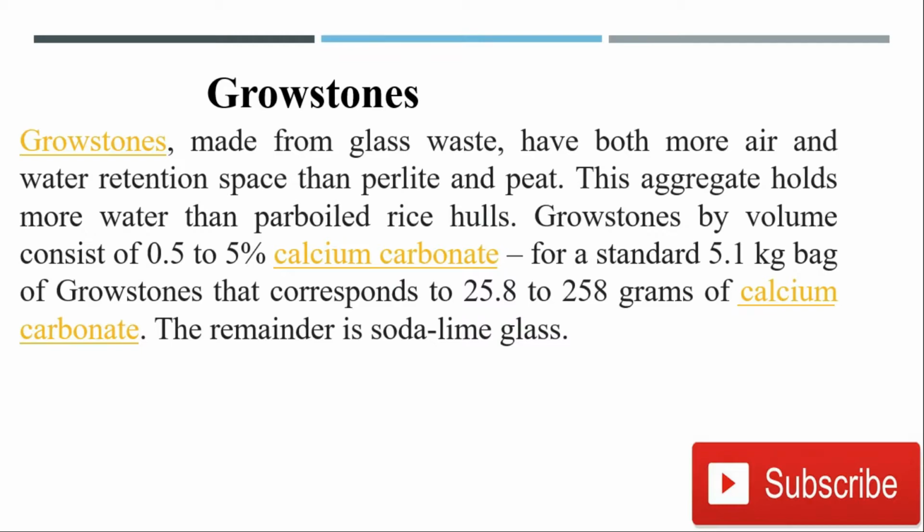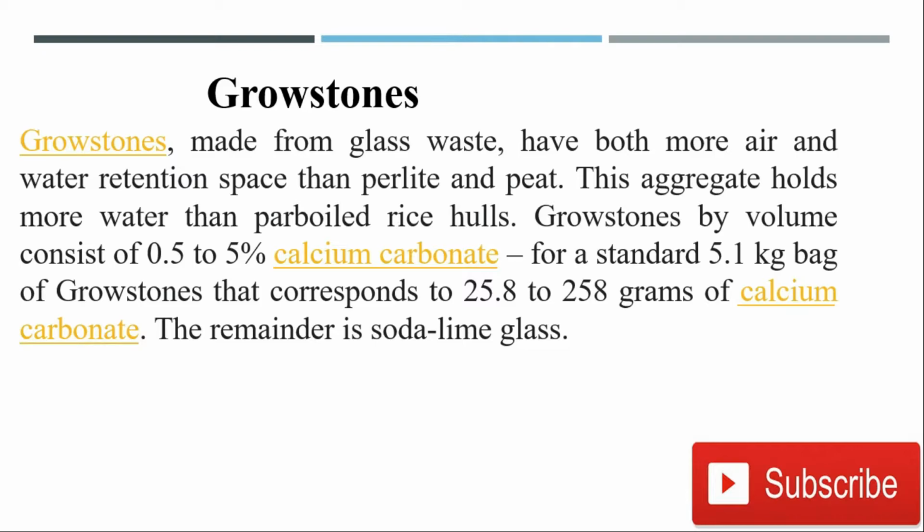Grow stones are also used in hydroponic systems. They are made of glass waste and have more air and water retention space than perlite and peat. This aggregate holds more water than parboiled rice hulls. Grow stones by volume consist of 0.5 to 5% calcium carbonate; for a standard 5.1 kg bag of grow stones, that corresponds to 25.8 to 258 grams of calcium carbonate.